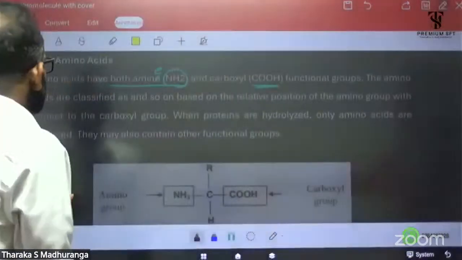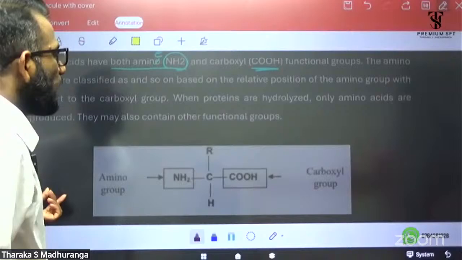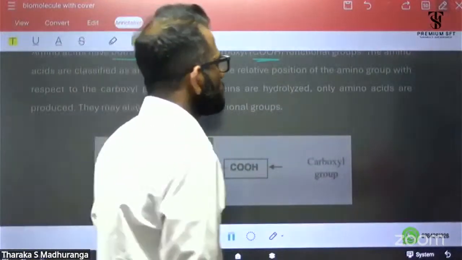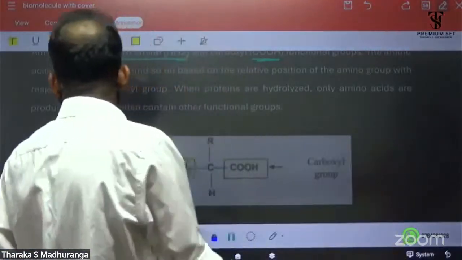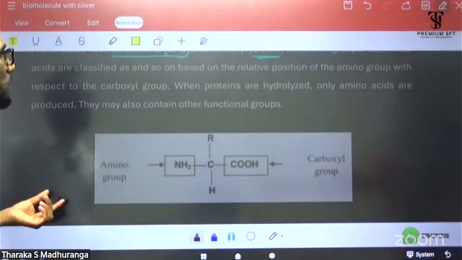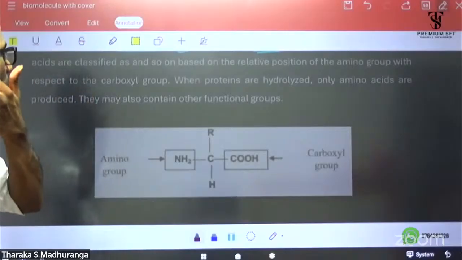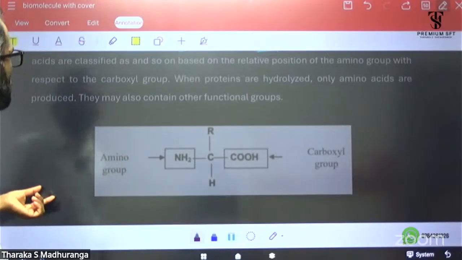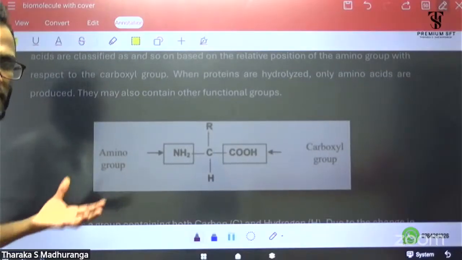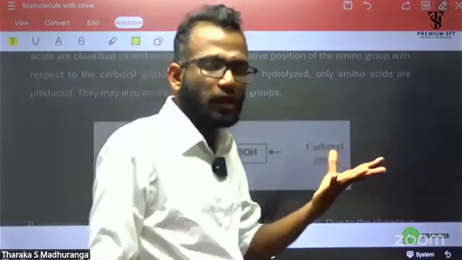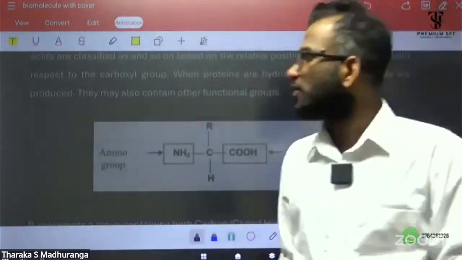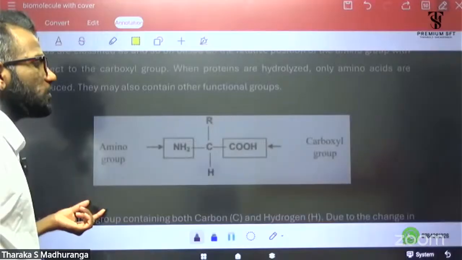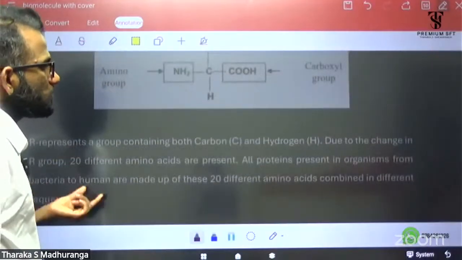Amino acids are classified based on the relative position of the amino group with respect to the carboxyl group. When proteins are hydrolyzed, only amino acids are produced. Yes, they are the building blocks. If proteins are hydrolyzed, they are converted back to amino acids. They may also contain other functional groups, which I will explain later.